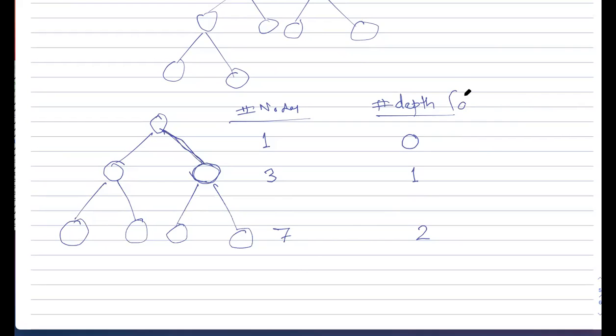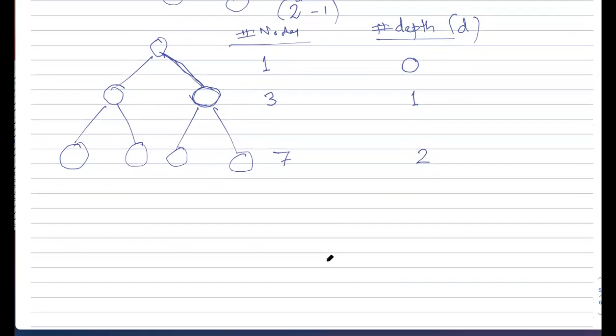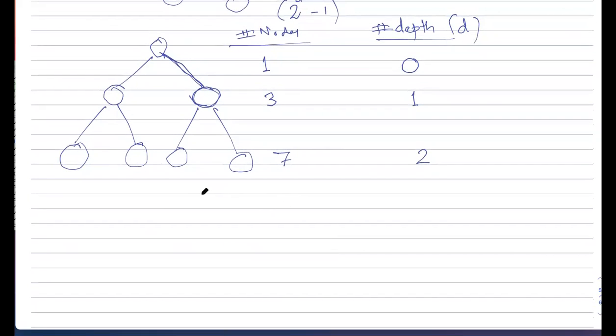So if the depth is d, then the number of nodes is 2 to the power d plus 1, minus 1, right? So when it is 2 to the power 3, which is 8, 8 minus 1 is 7. So that's the relationship with the depth.